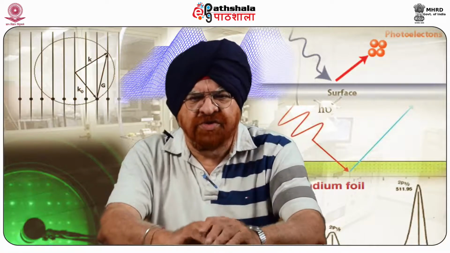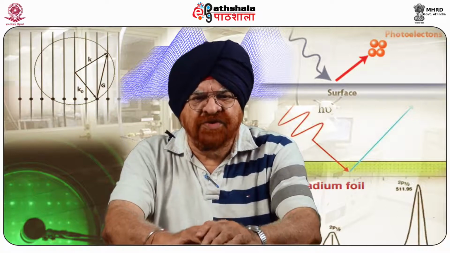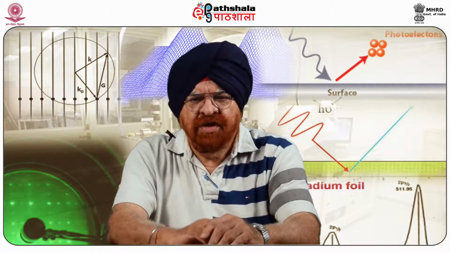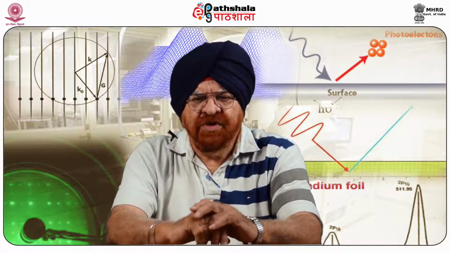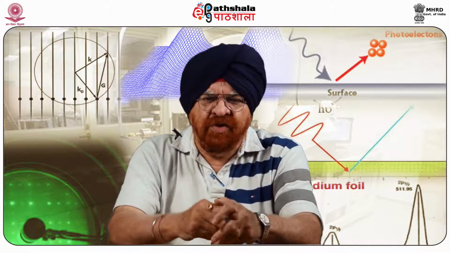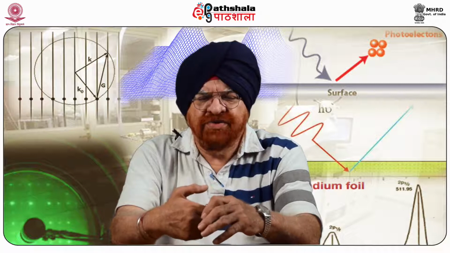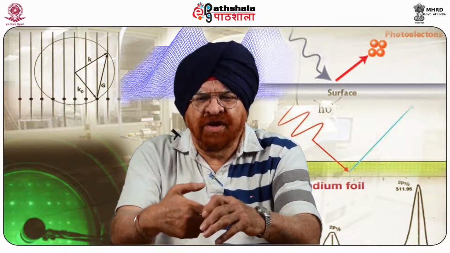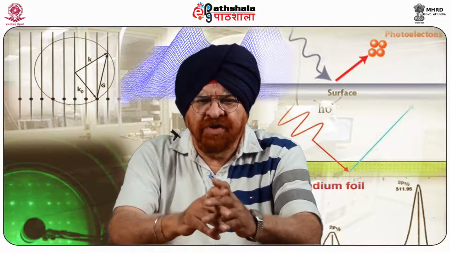Kelvin probe force microscopy, also known as surface potential microscopy, is a non-contact variant of atomic force microscopy. The way we explained AFM, this is similar to that, but it is a non-contact variant as compared to atomic force microscopy.